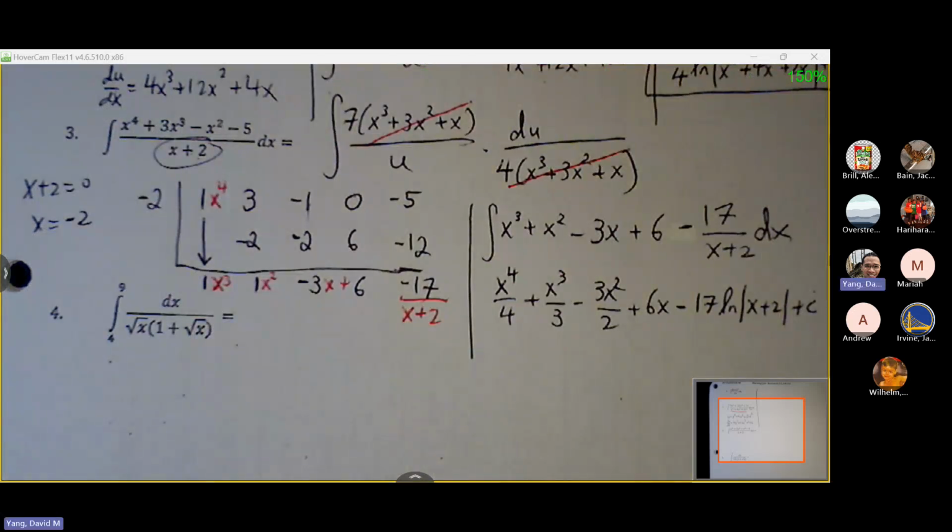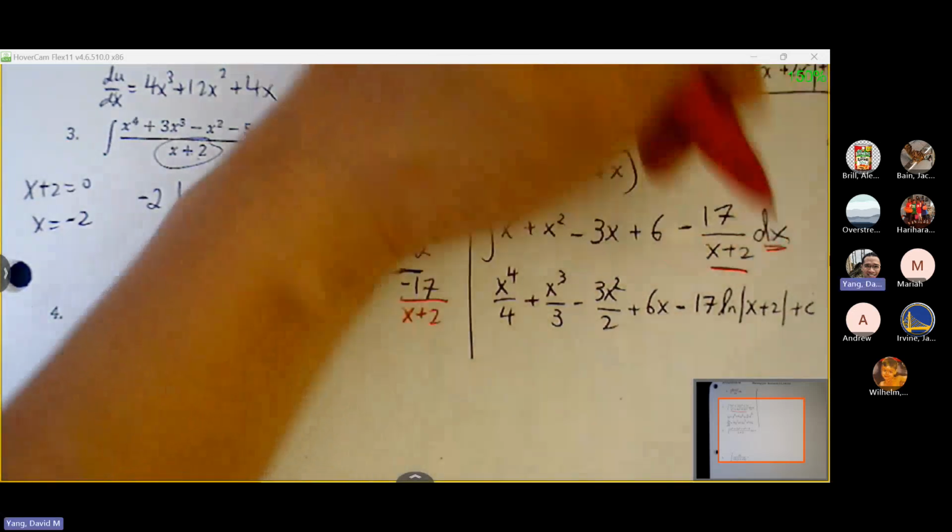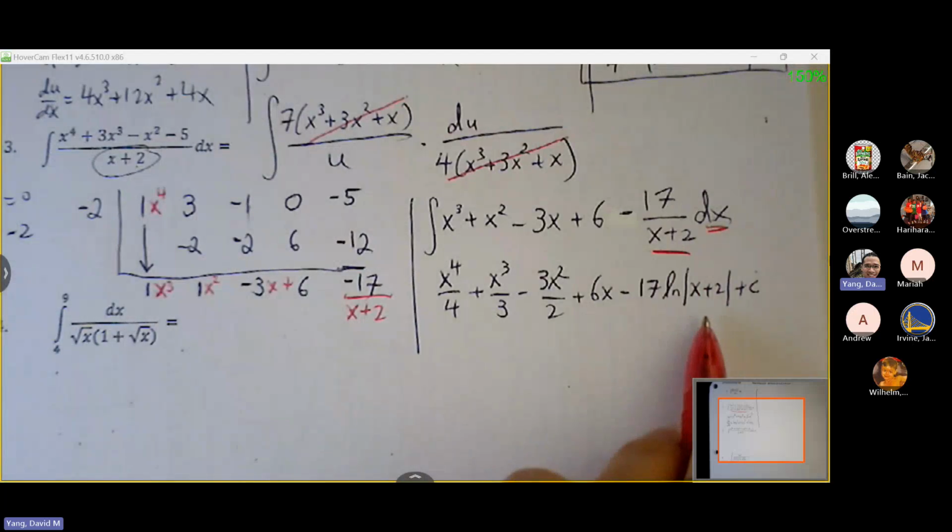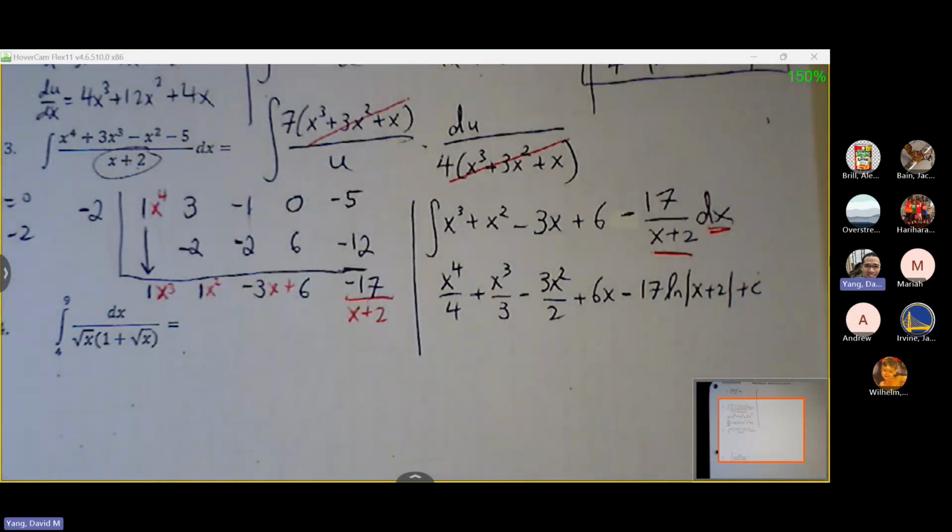There's a little bit of u substitution going on here, but it's easy enough where you can jump directly from here to here without having to go through the full u substitution steps.